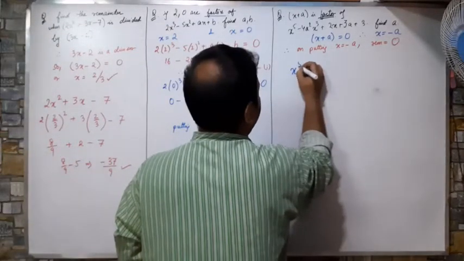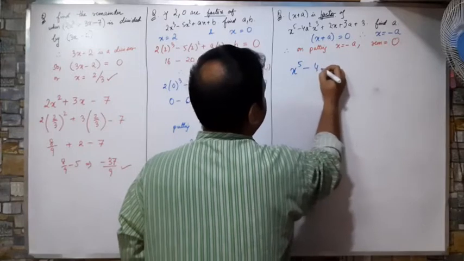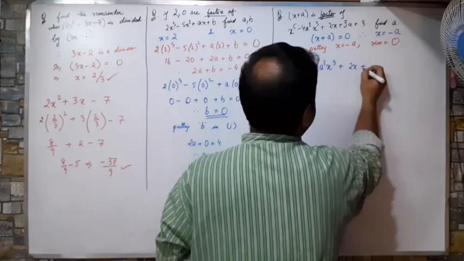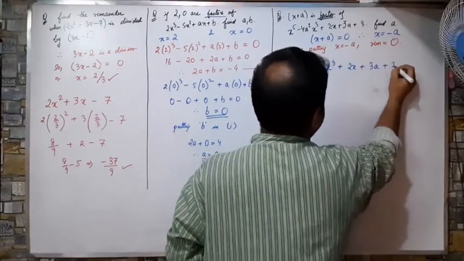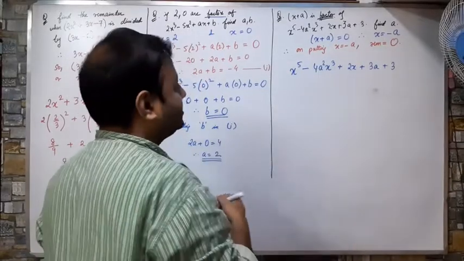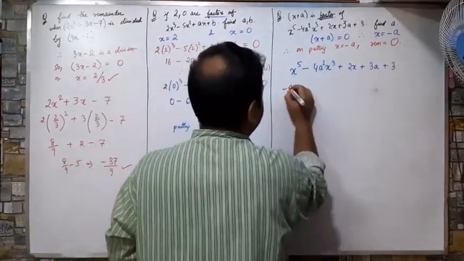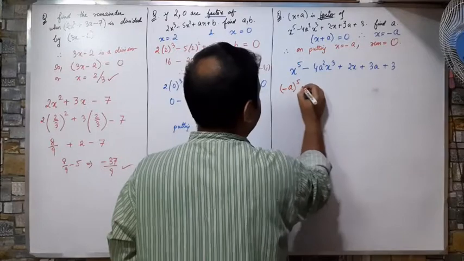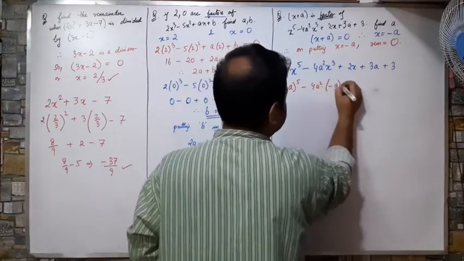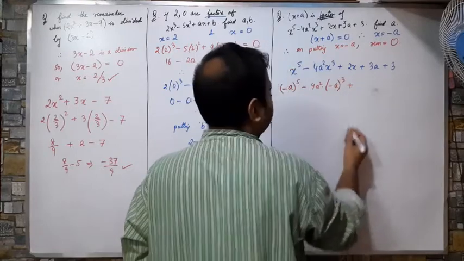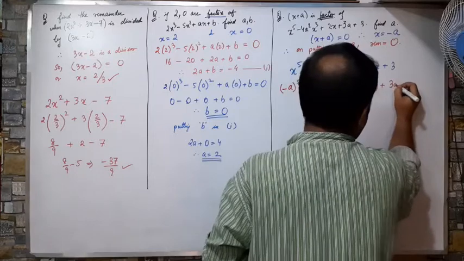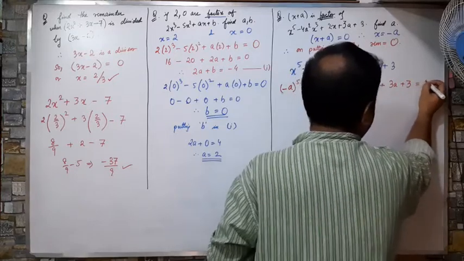What was the polynomial? Polynomial is like this: x to the power 5 minus 4a square x cube plus 2x plus 3a plus 3. So when I will put x equals to minus a, the remainder will come as 0. So when I will put, minus a to the power 5 minus 4a square into minus a to the power 3 plus 2 into minus a plus 3a plus 3 equals to 0.